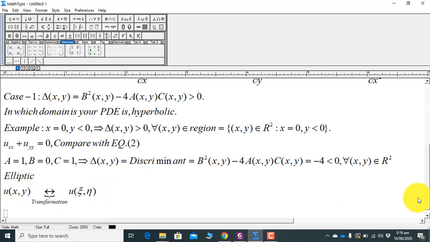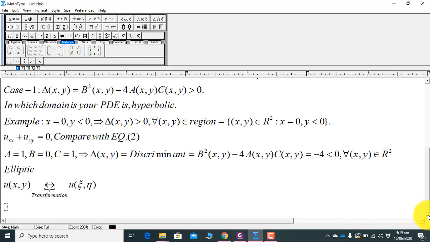Now the basic question which arises in someone's mind is, what will be this transformation, this xi and eta? Generally xi and eta will be functions of x and y.